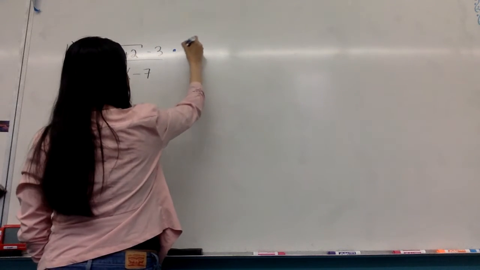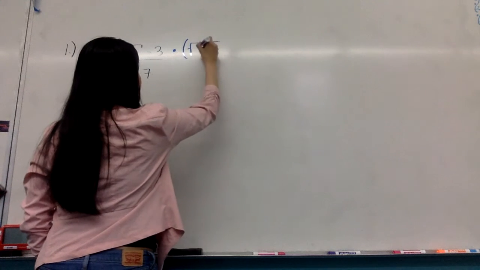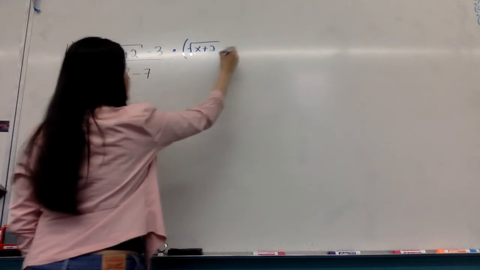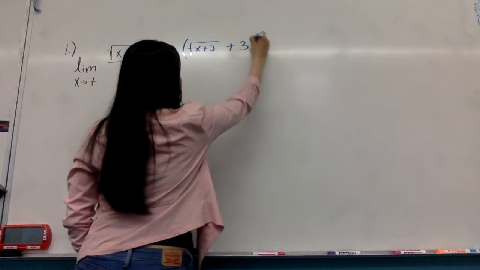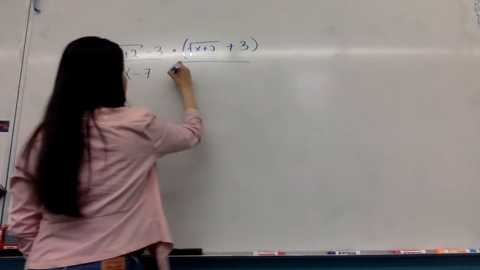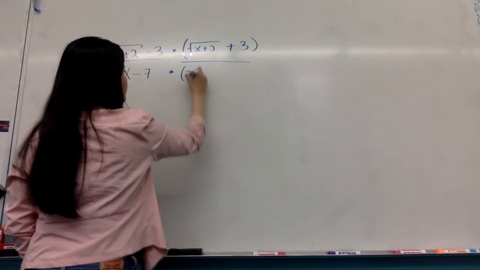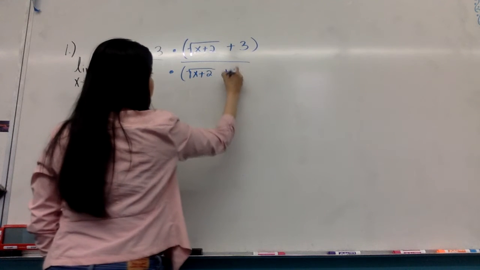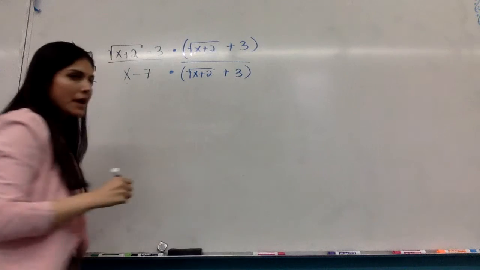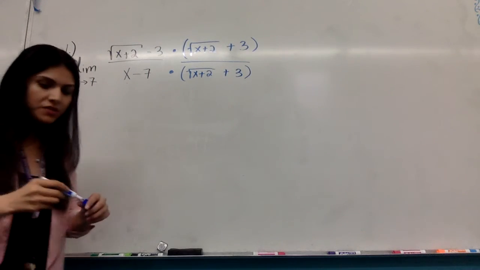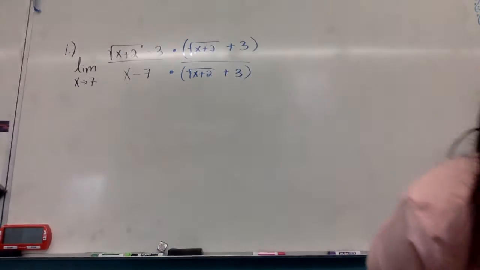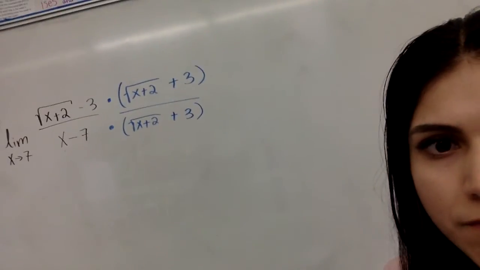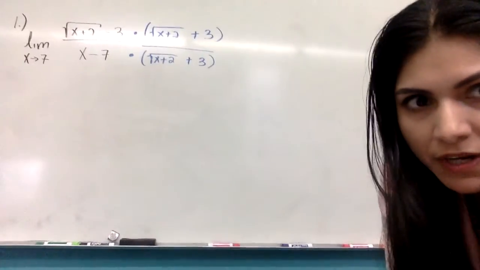So I'm going to multiply the top and also the bottom by the conjugate. So instead of minus 3, it is now plus 3. Okay, just making sure you see that. Hopefully we move out of the glare here.